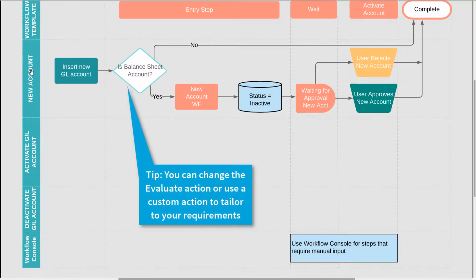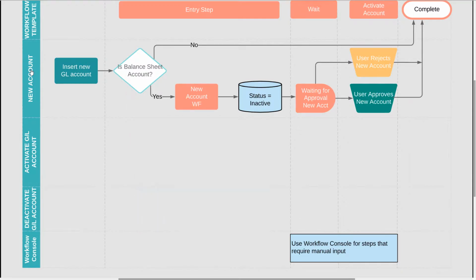If it is not a balance sheet account, we'll complete it. If it's a balance sheet account, we will go through the new account workflow. Once we start the new account workflow, the first thing we will do is make the status inactive so that the account cannot be used in transactions. And then we'll be waiting for approval for the new account. And a user can then reject or approve the account.